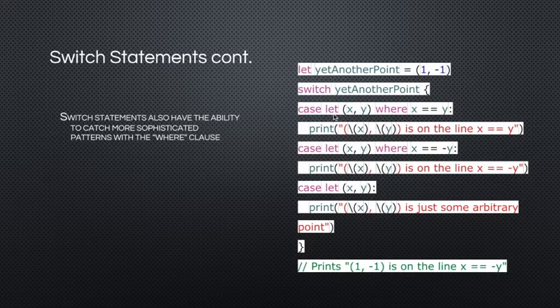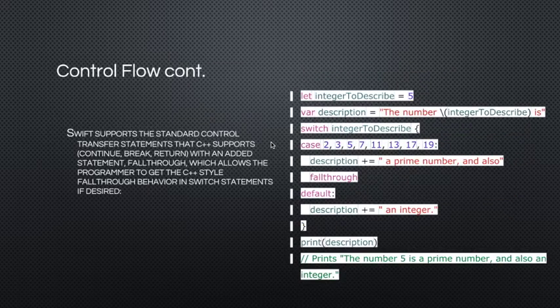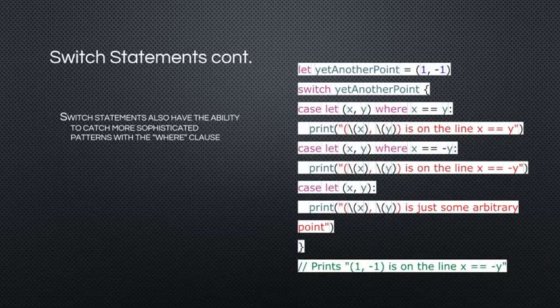In this case, if you're trying to catch two values, x and y, where x and y are equal to one another, then that would be a case where you would use the where. You can have an expression after where that specifies even more clearly what case you're trying to catch, which seems useful.